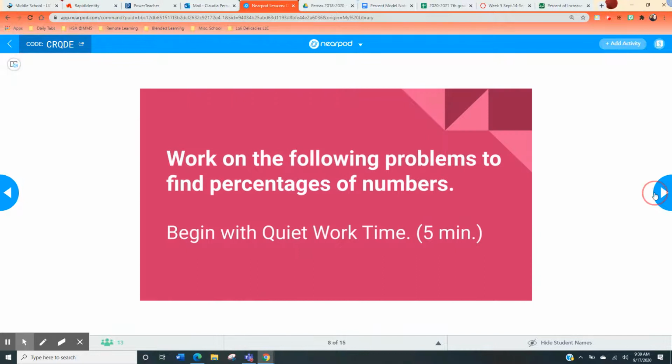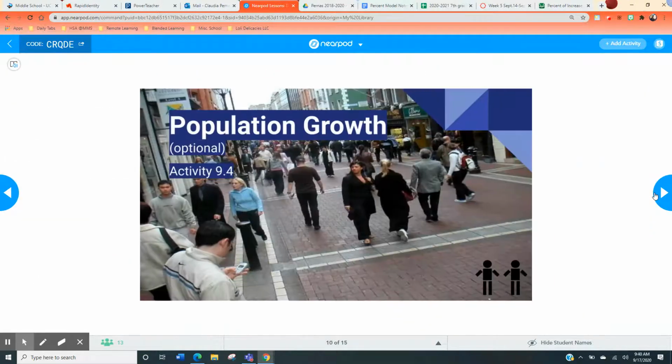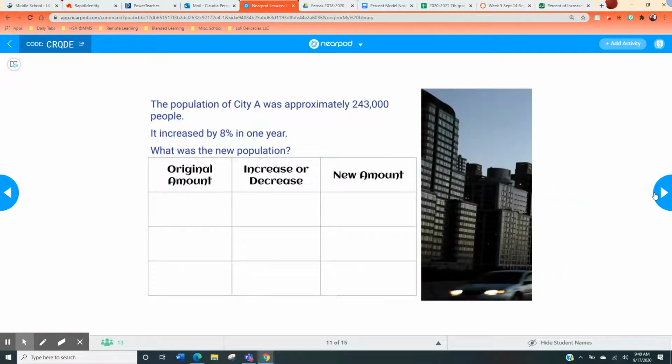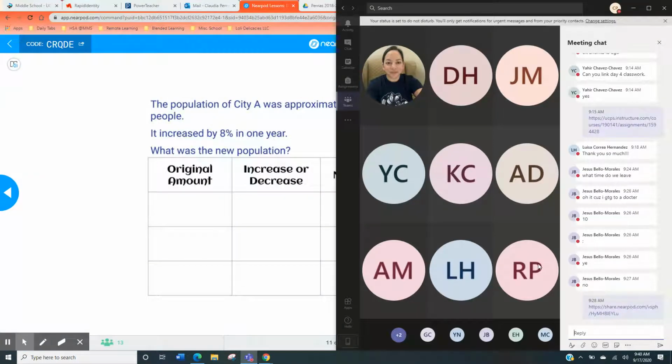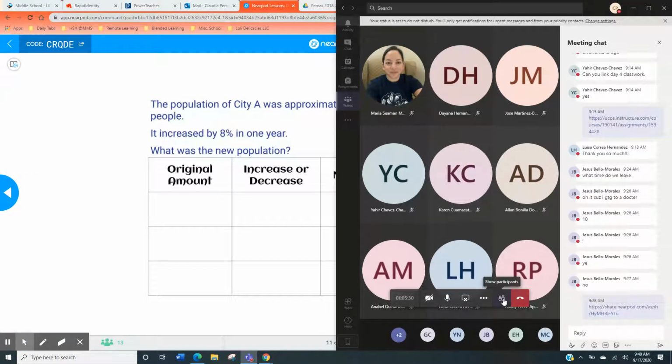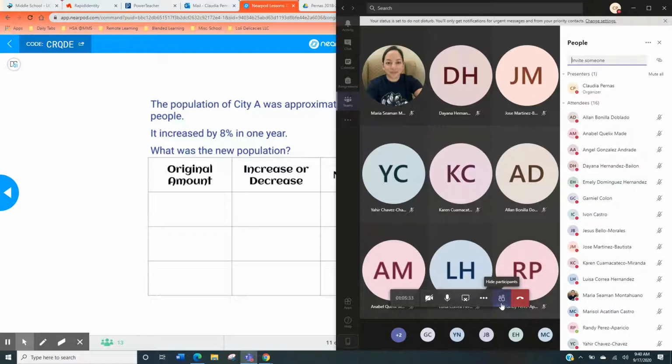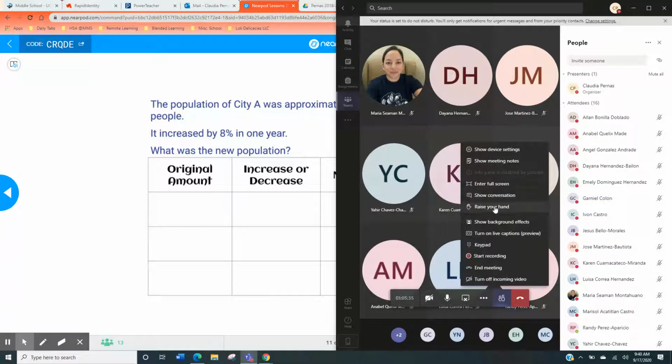So we're going to move past this. We will do that probably next week. So population growth. Remember, I want you to write at least one example in your notebook. Today I don't have my second computer, so I need to check back at the chat just in case someone's asking a question.